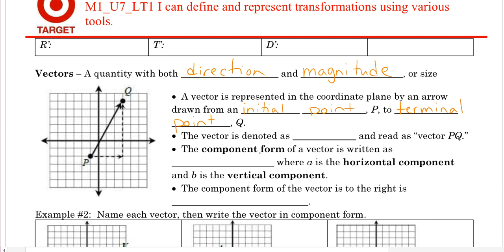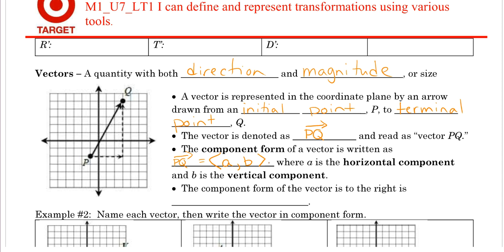So we would denote the vector as vector PQ, and we would read it as vector PQ. So the component form of a vector is written as vector PQ, and then we would have some arrow-like brackets with A, comma, B, where A is the horizontal component and B is the vertical component.